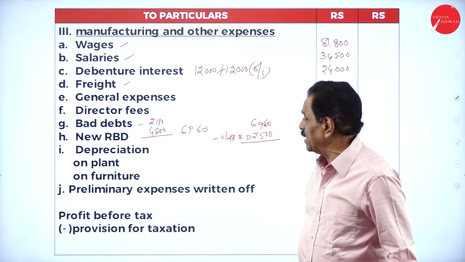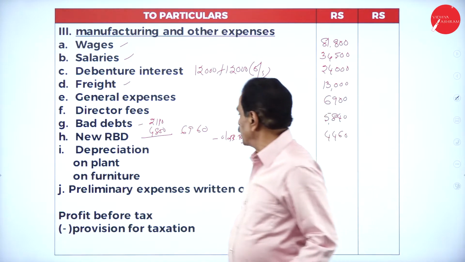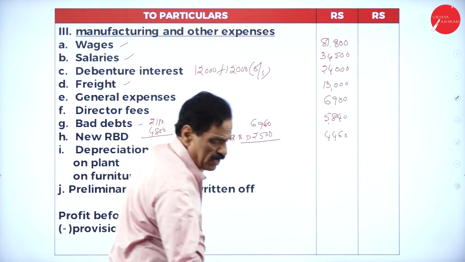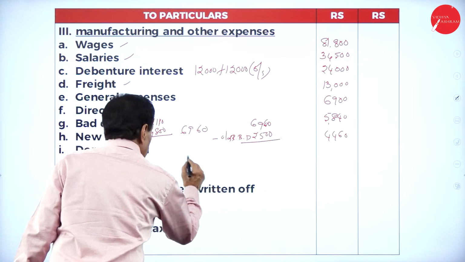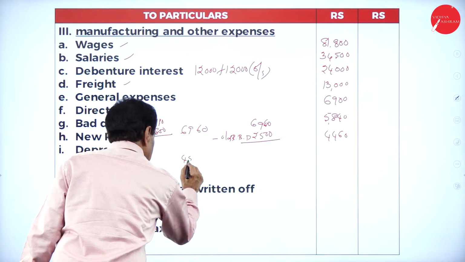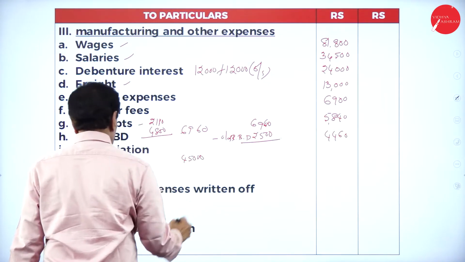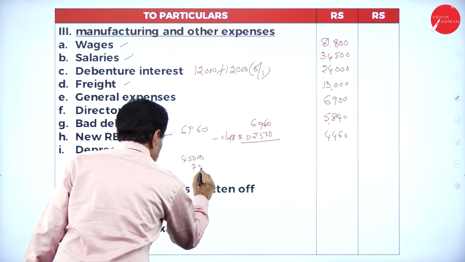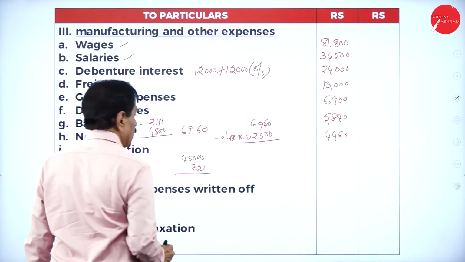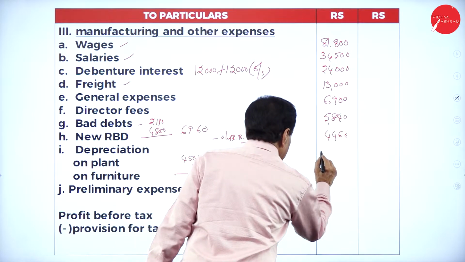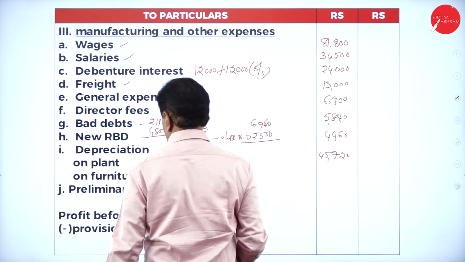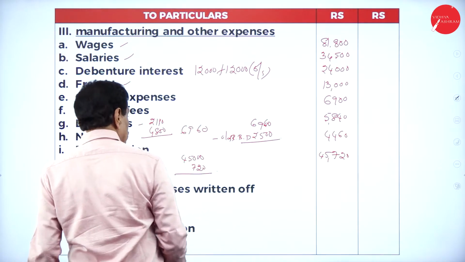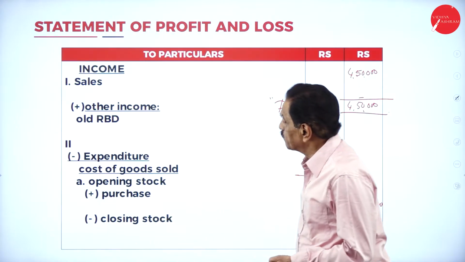Then depreciation on plant. You have calculated 45,000. On plant 45,000. On furniture 720. Then preliminary expenses written off.